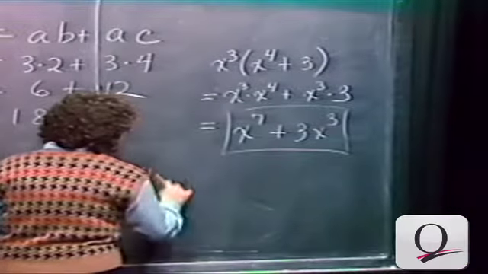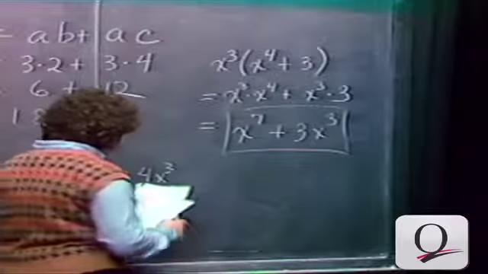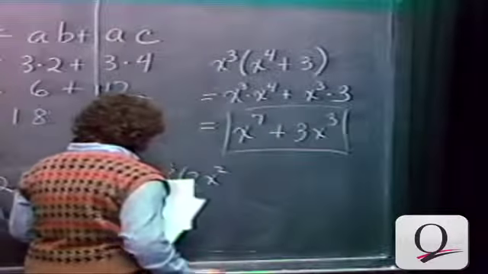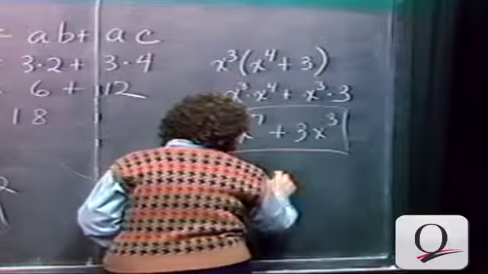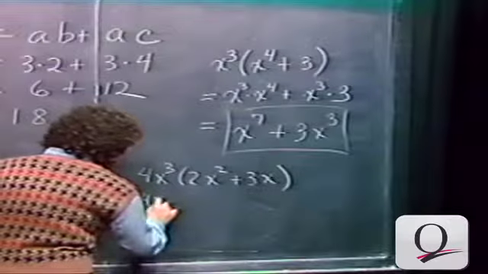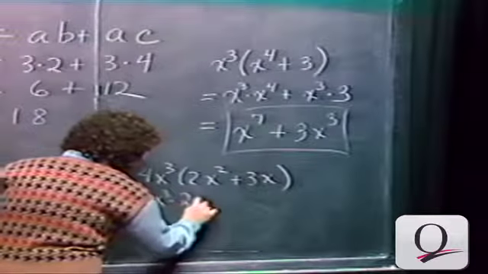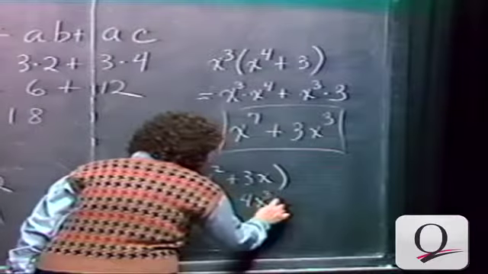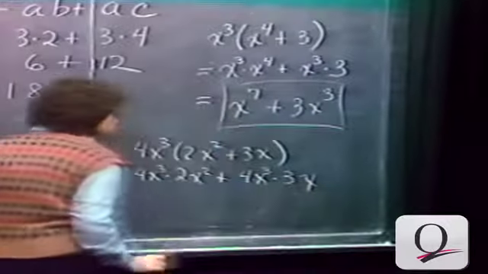Okay, what about 4x cubed times 2x squared plus 3x? This would be 4x cubed times 2x squared plus 4x cubed times 3x.